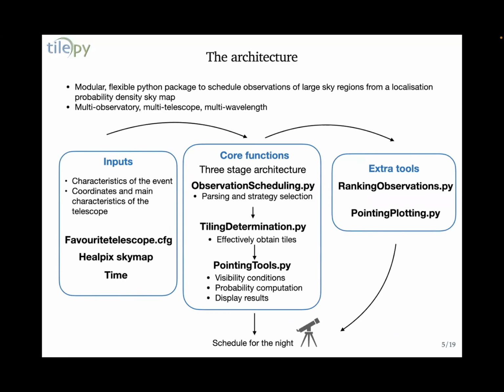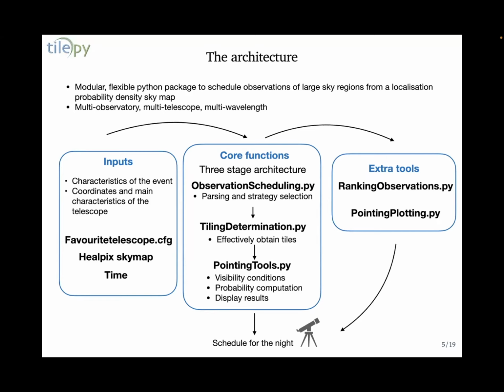Okay, so going to the architecture. This is now a very modular, flexible code that can handle multi-observatory, multi-telescope, and multi-wavelength observations. It's very simple. We have a set of inputs: your favorite telescope config, the sky map, and the time. Then the core functions are organized in 3 levels.